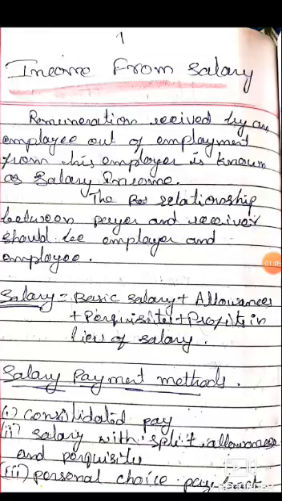The next method is salary with split allowances and perquisites. It is completely opposite to consolidated pay. In consolidated pay, the amount is paid as a lump sum, but in this second method the salary is divided into periodical payments, and allowances and perquisites are also added to the salary.